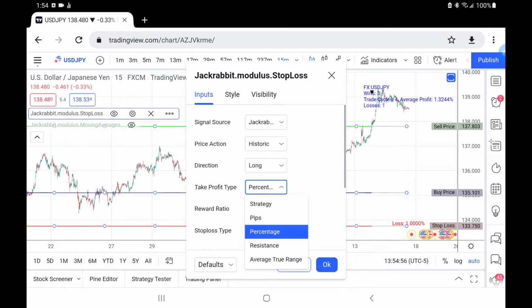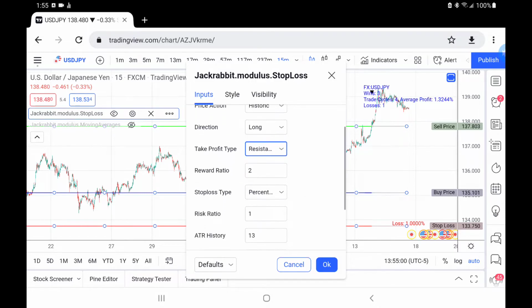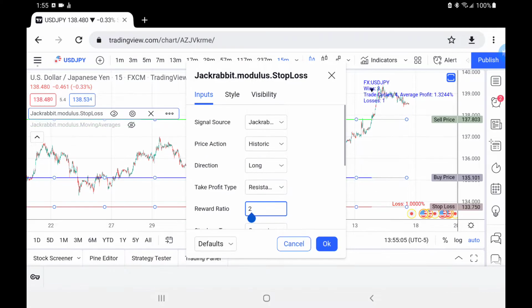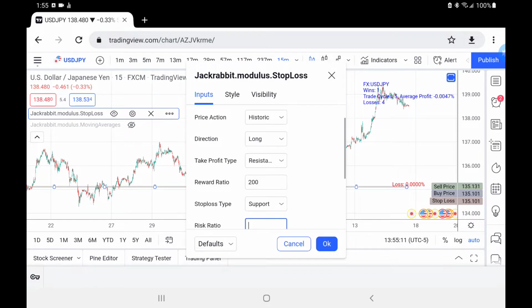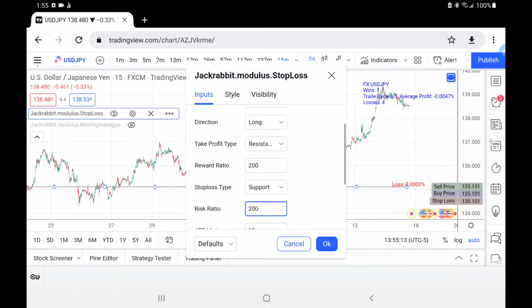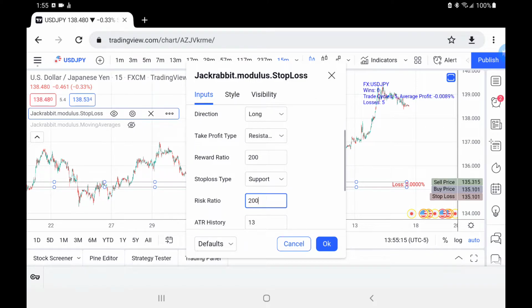For example, we have the ever classic support and resistance. And this is on the basis of candles. So in this case, we have a 200 candle look back for resistance, a 200 candle look back for support.